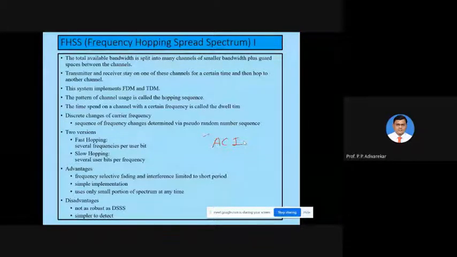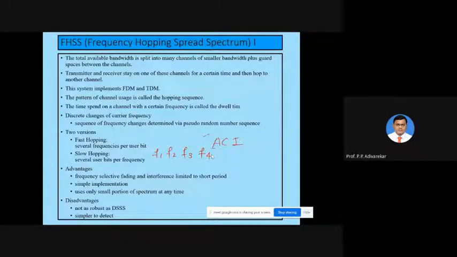What a hopping sequence is, we have already seen yesterday. What does the pattern of channel usage mean? Let's say I have divided the bandwidth into 4 channels, F1, F2, F3 and F4. So there are 4 smaller channels available for user data transmission.